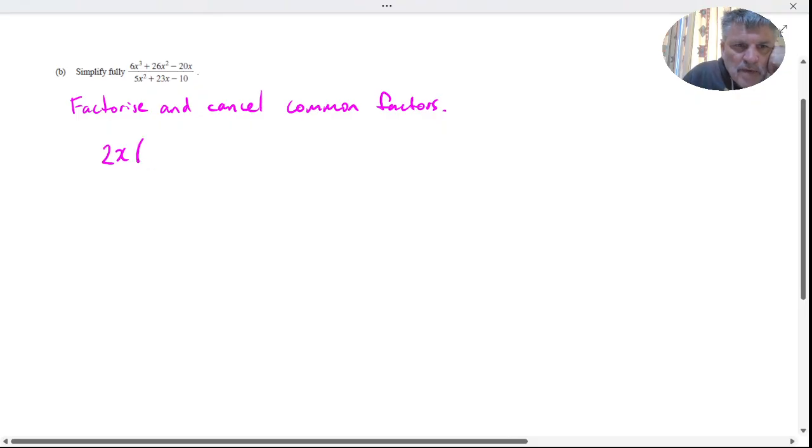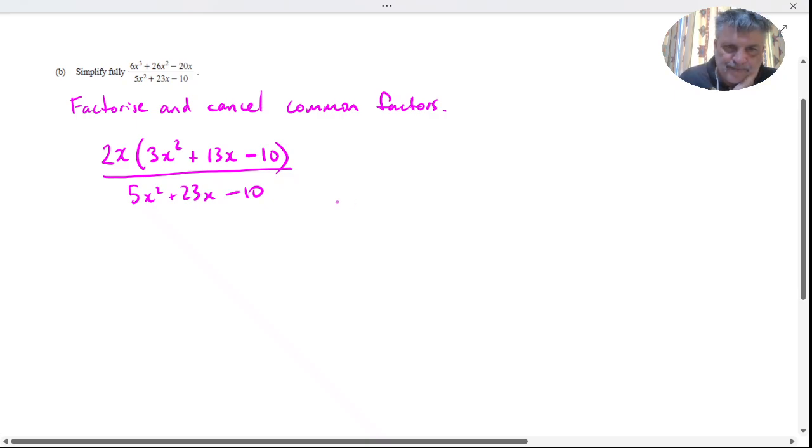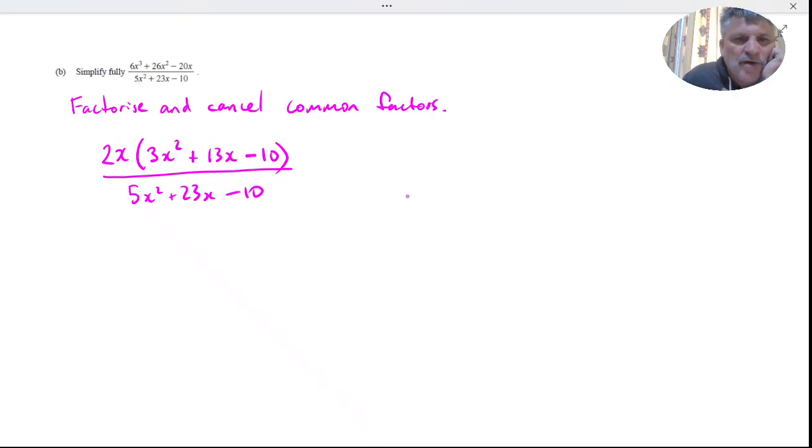I'm going to take that out. 2x times 3x squared gives me 6x cubed. 2x times 13x gives me 26x squared. And 2x times minus 10 gives me minus 20x. And divide that by 5x squared plus 23x minus 10.